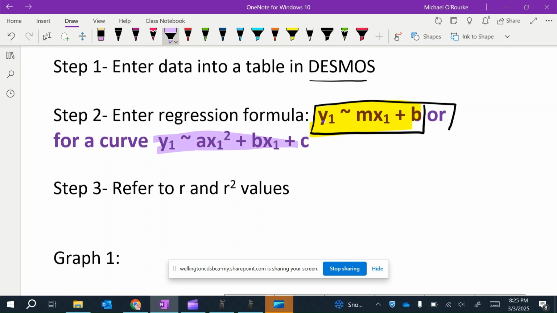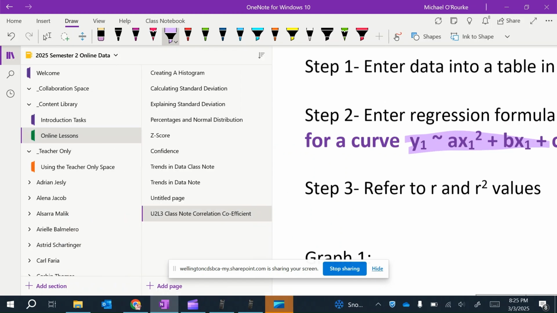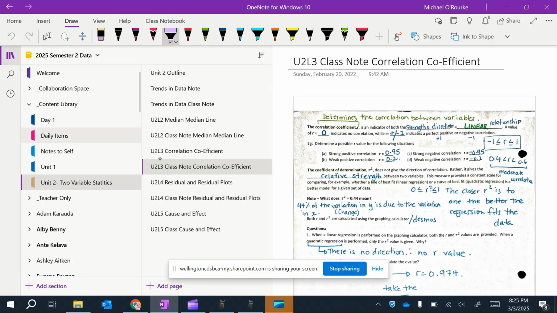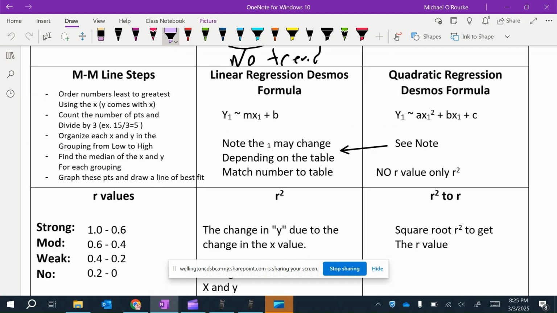There is a spot on your notes to self. There's a spot right here for your formulas, a spot right here for your R values, and your R squared value definitions there and there.